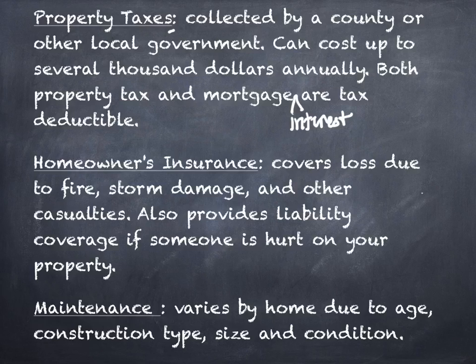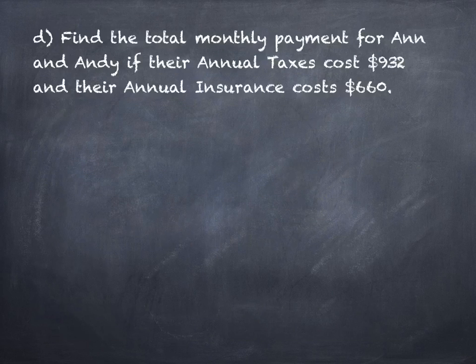So let's take a look at an example. It won't involve maintenance because that can vary so much, but it will involve seeing how your taxes and your insurance affect your monthly payment amount, like actually how much it costs you to live in this home. All right, so we're going to find the total monthly payment for Ann and Andy. And Ann and Andy have three things that are always affecting their monthly payment.